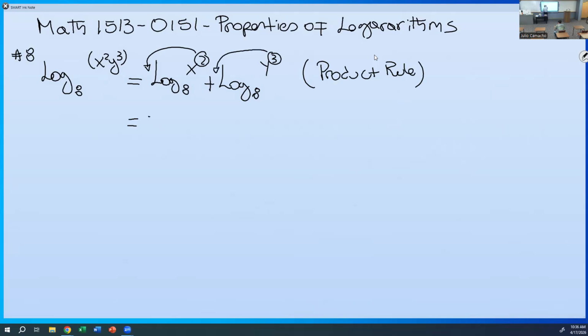So we have 2 times the log base 8 of x, plus 3 times the log base 8 of y, and that will be the power rule.